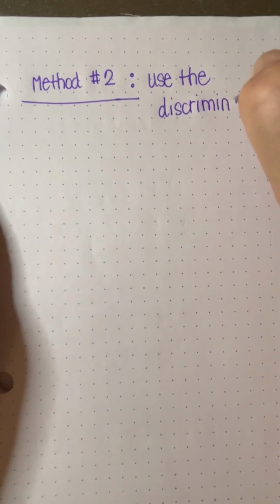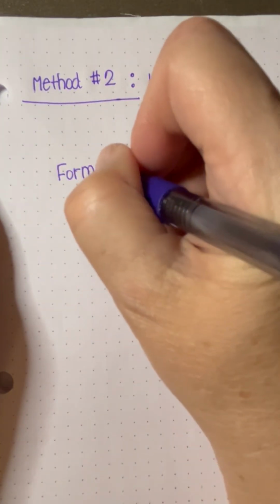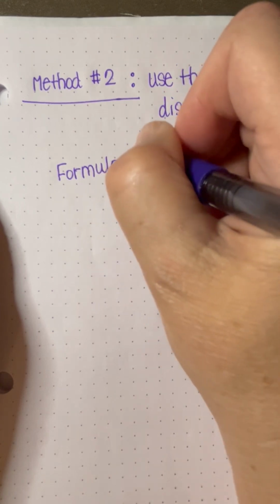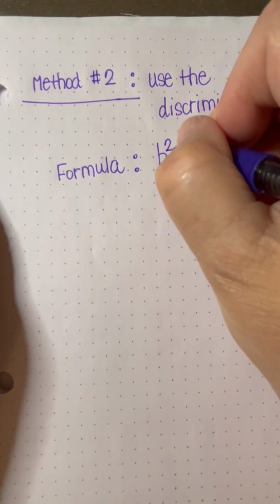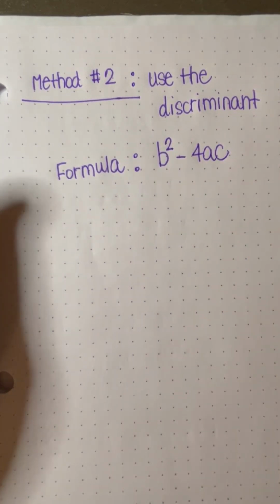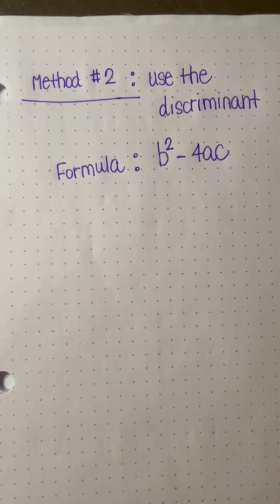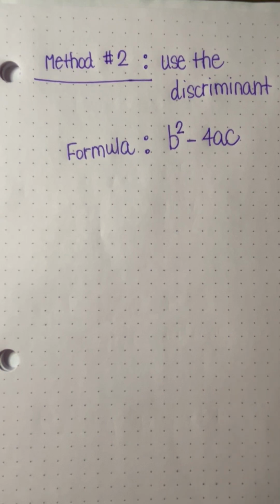That will be a brand new word for you, okay? Now, the discriminant has a formula. The formula for the discriminant is b squared minus 4ac.